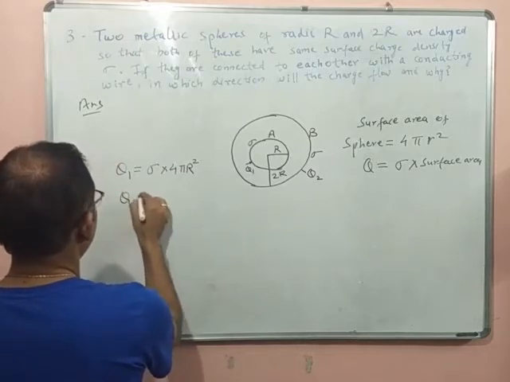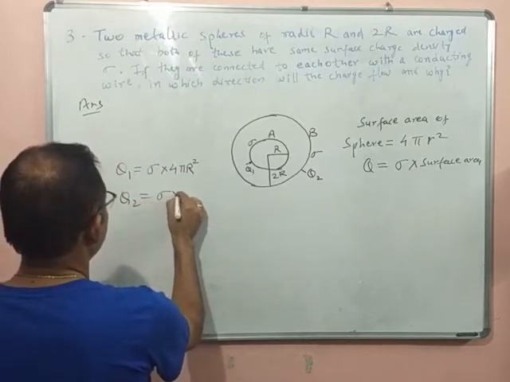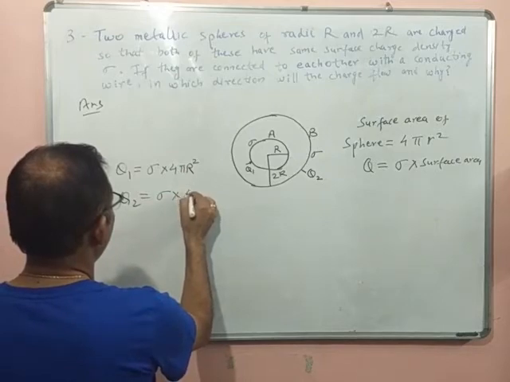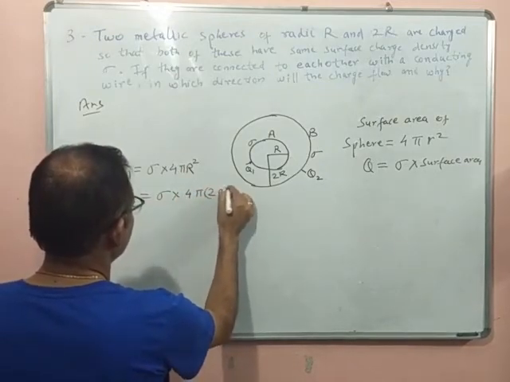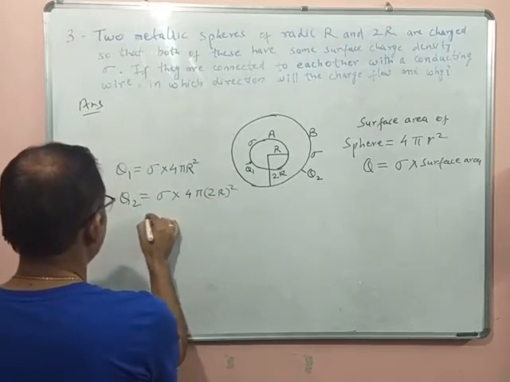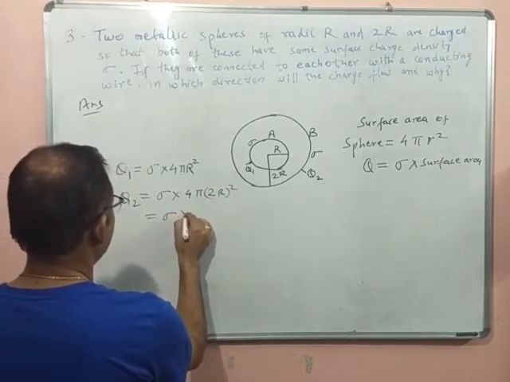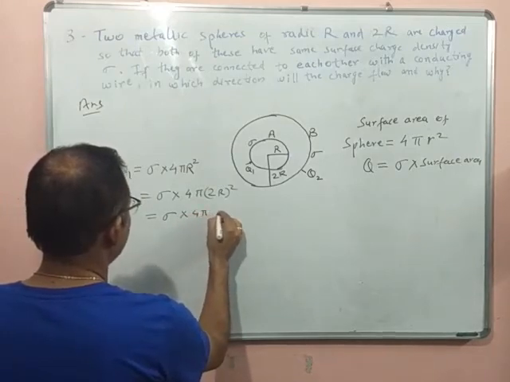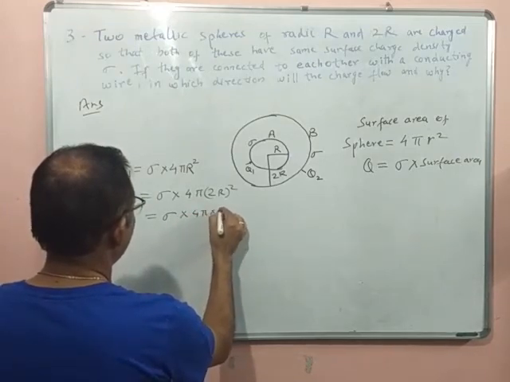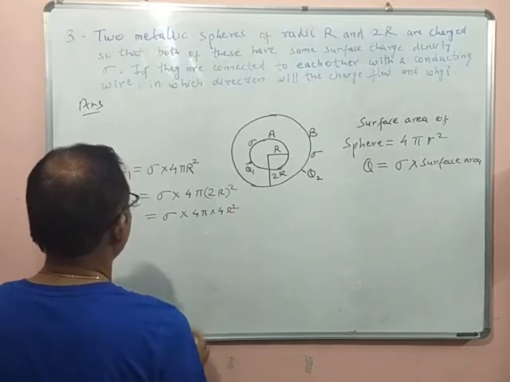Similarly, Q2 is sigma into 4 pi (2r) square. So this becomes sigma into 4 pi into 4r square.